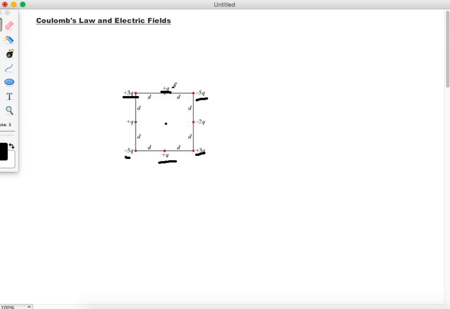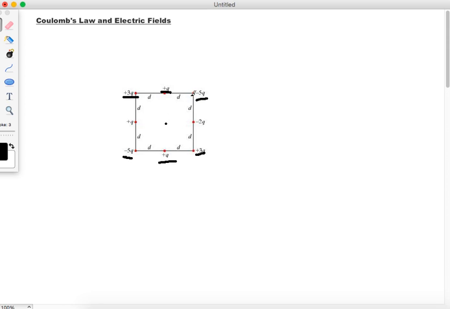And the reason why these charges are valuable is because they are equal in magnitude and opposite. So let's say the 5Q and minus 5Q were on this side, then they wouldn't be opposite. But the fact that they are opposite and equal means that they can cancel regardless of their direction, regardless of magnitude, because they're going to either point towards or away from the center, depending on the charge.